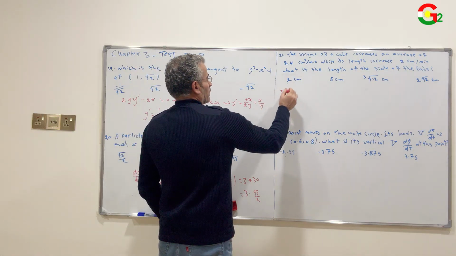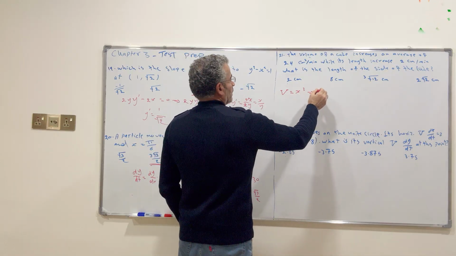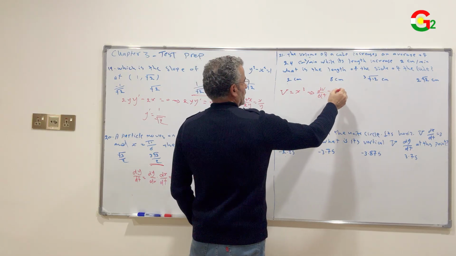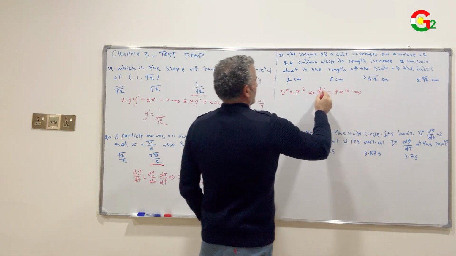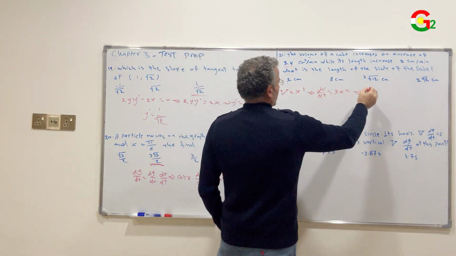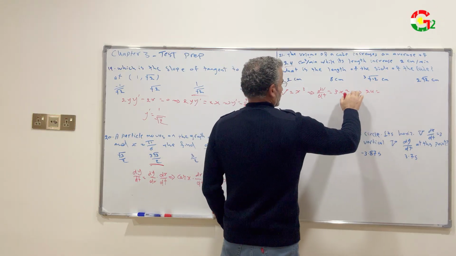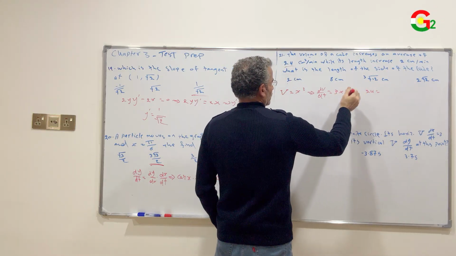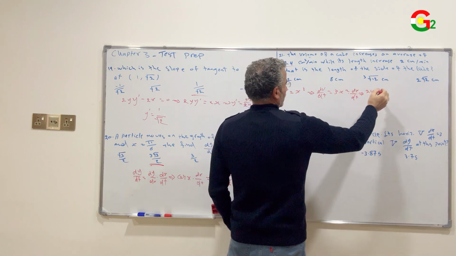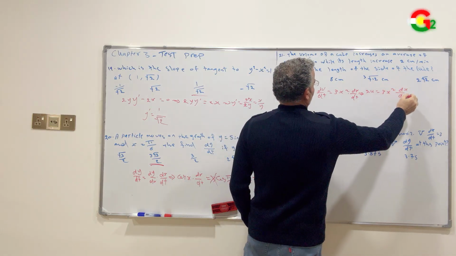The volume of the cube equals x^3 and dV over dt equals 3x^2 dx over dt, and dV over dt is given as 24. Then 24 equals 3x^2 dx over dt.